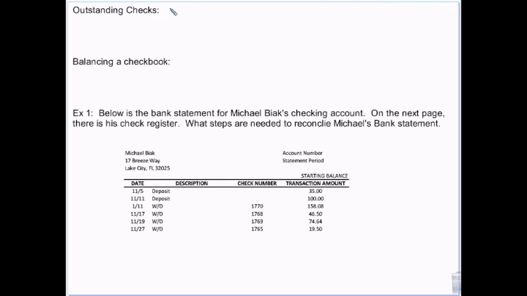And these are checks that have been written. Or debits. So like a transaction with your debit card or something that have not shown up on the statement yet.